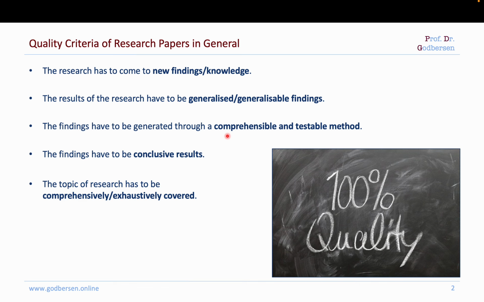Your statements might be wrong. Therefore, you need to give other researchers the chance to test your theories and your research. Therefore, you need to explain the method, how you come to your results, so that others can apply this method too, to see, are these stable results, or was there something wrong, or has the world changed?